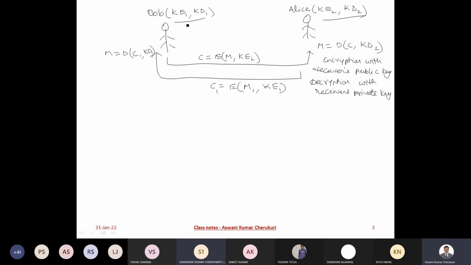Now, the point is, should I always use the receiver's public key? What will happen if I use the sender's keys? Imagine Bob is sending a message to Alice.